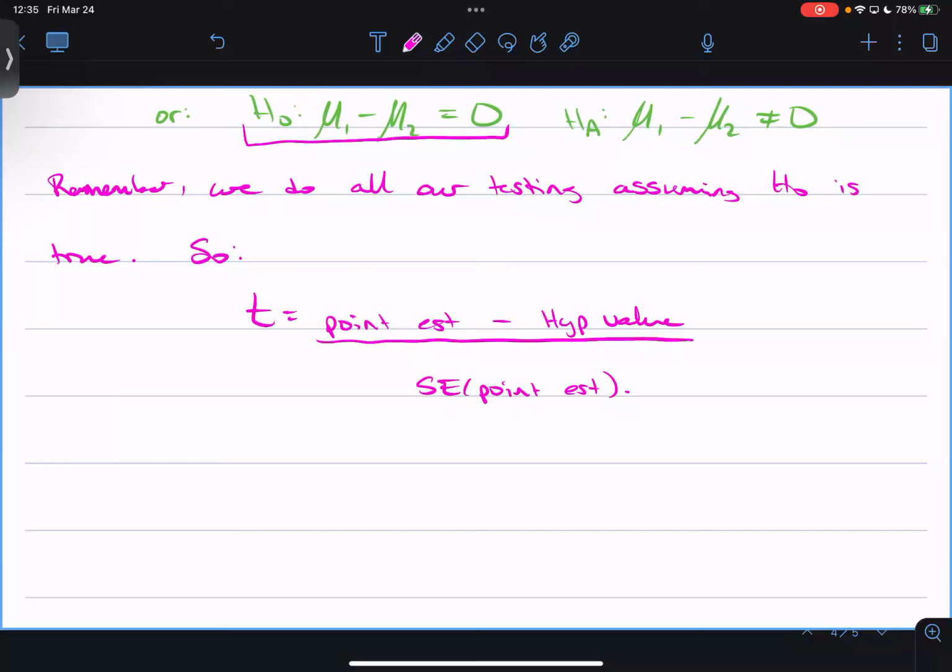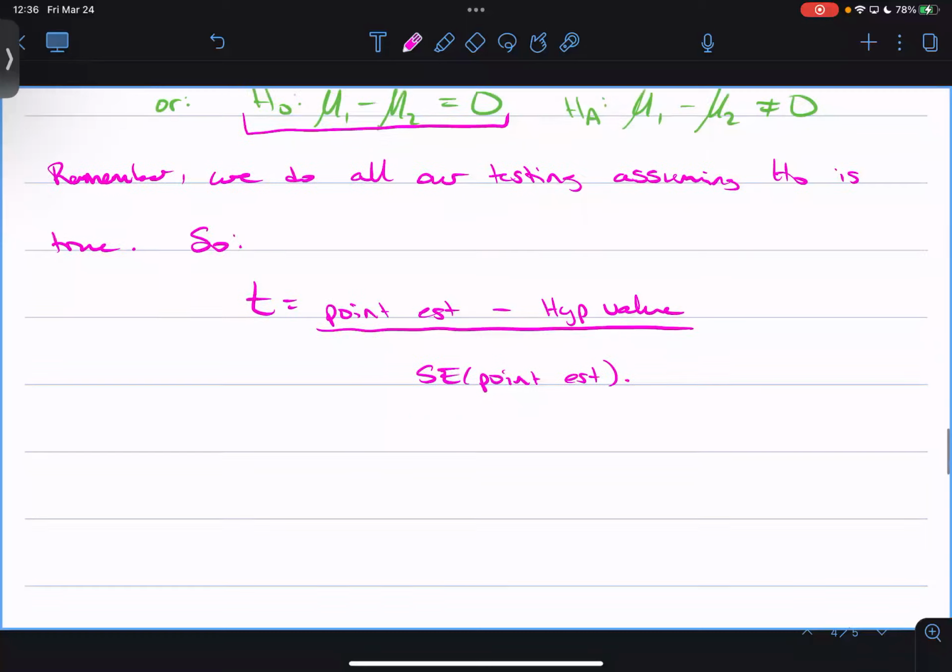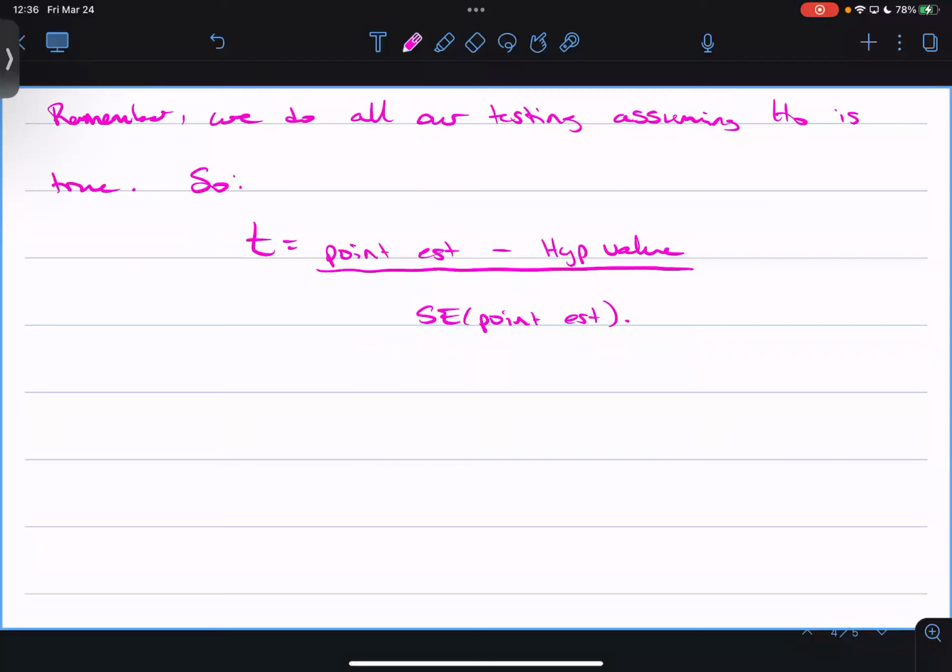That's always been our test statistic, whether it was a Z or a T. It's just that Z's are for proportions and T's are for means. So then T is X1 bar minus X2 bar. We said that was our point estimate for mu1 minus mu2.